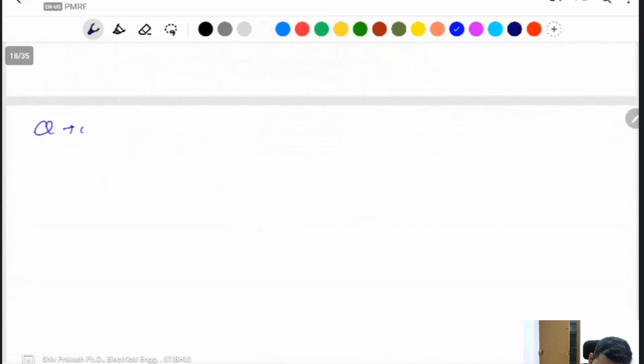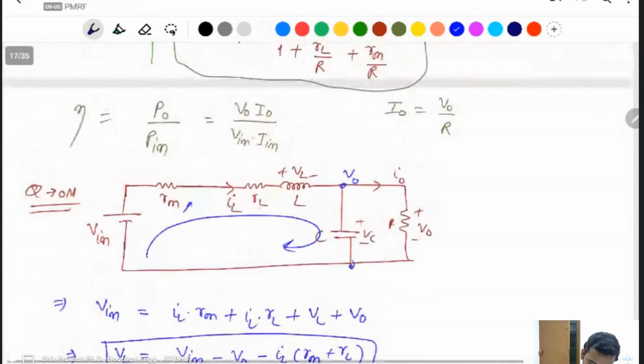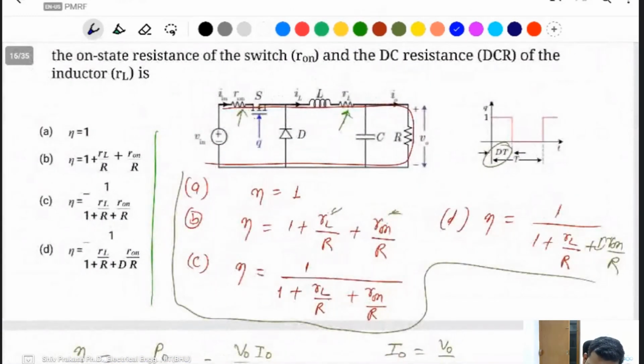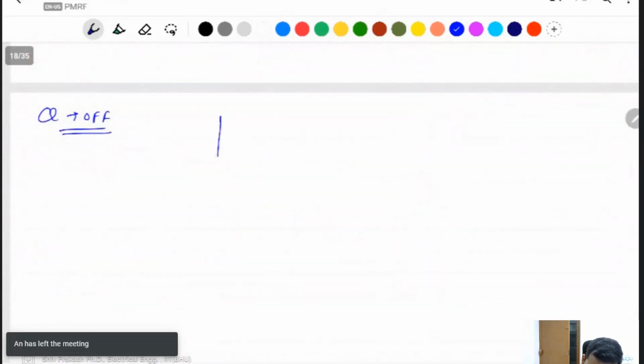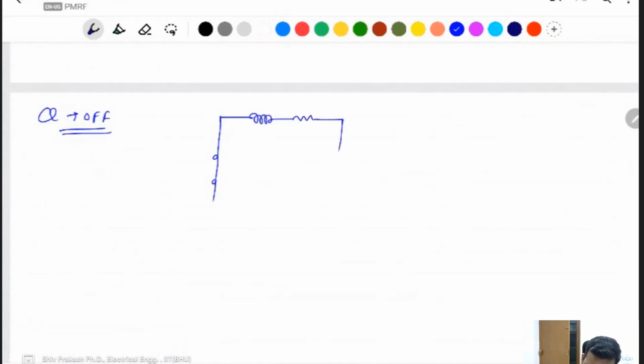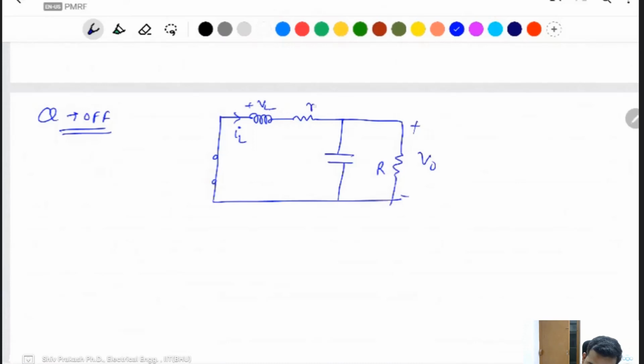Now the switch is off. The switch is off, and this one will be off. Current will not flow from here. The total current flows like that. The diode will be turned on. The same V naught, I L, V L, and RL.